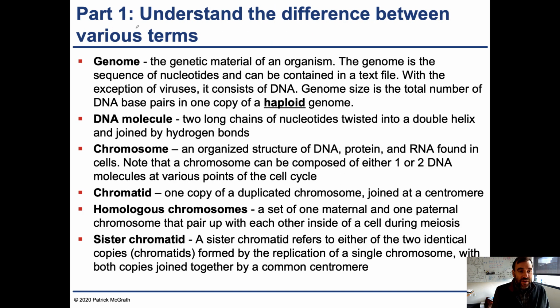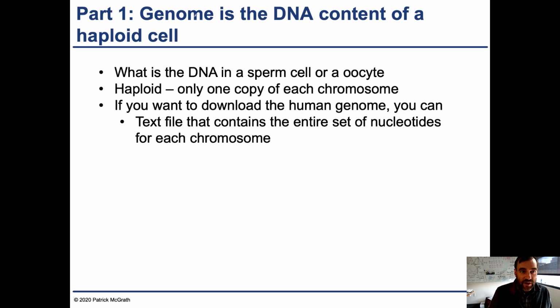All right, so the final thing to talk about is the genome. The genome is one final term that I talked about at the beginning of lecture that you need to know. This is a little bit tricky at first. It is the DNA content of a haploid cell.